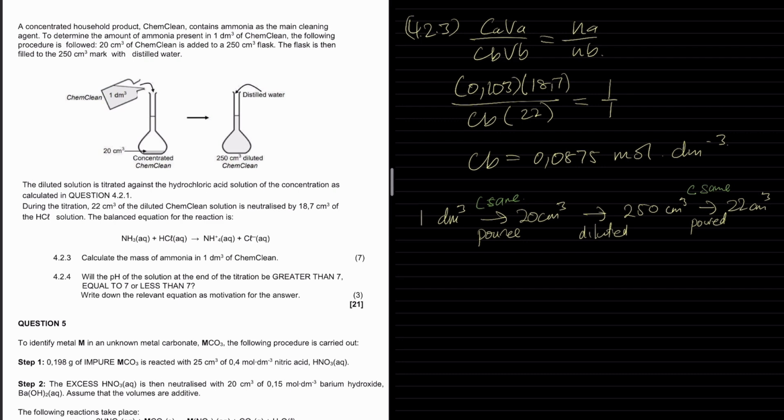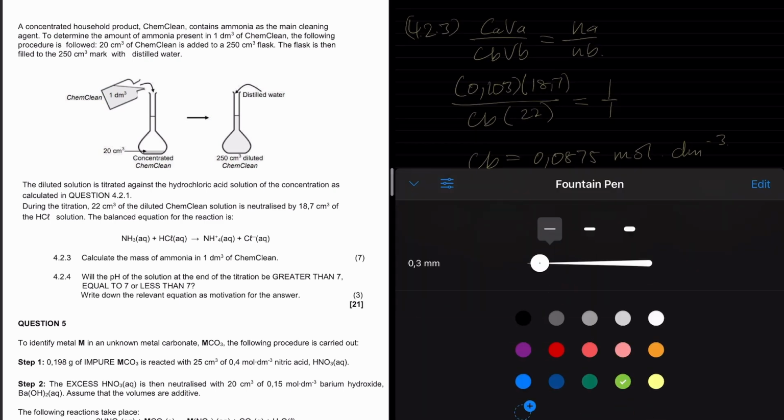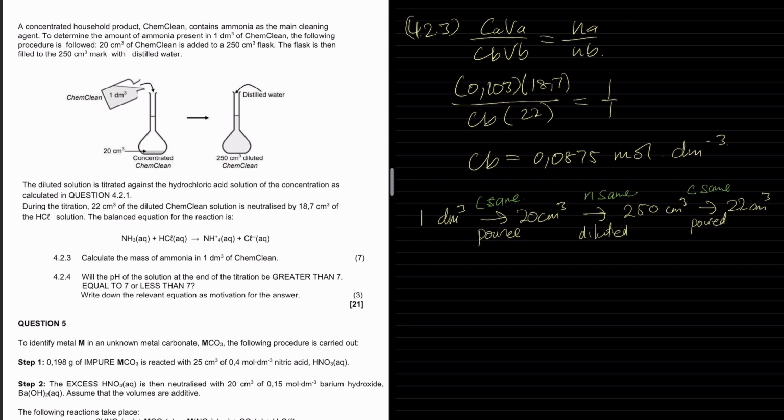But when you are diluting, the number of moles is the same. So we're going to have to undo some things here. If the concentration here is 0.0875, then the concentration here is also 0.0875. Now to go from here to here, we have to undo the dilution, so we'll use the dilution formula, C1V1 is equal to C2V2.